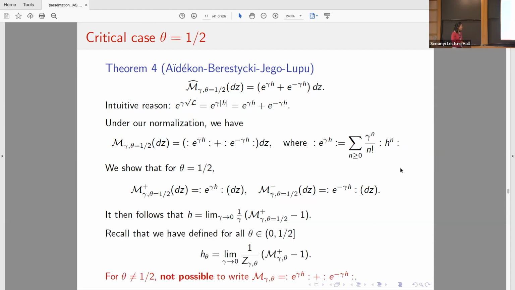I recall that for all theta between 0 and 1/2, we have defined our field h theta as some limit of M gamma plus minus 1 over some normalizing constant c gamma theta. However, for theta not equal to 1/2, it is in fact not possible to write this multiplicative chaos in terms of this sum of exponentials. So the subcritical case is much more complicated.